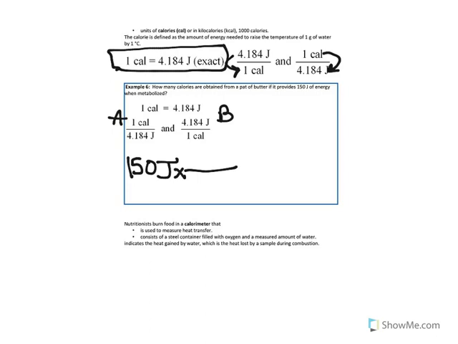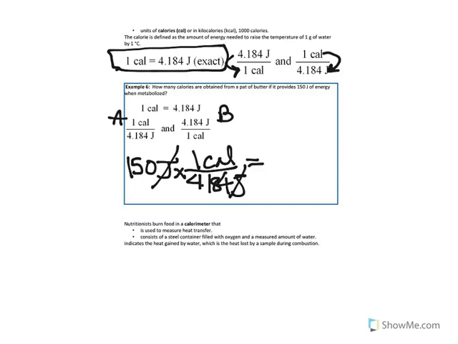Again, we want to get rid of the joules. So therefore, the joules should be in the denominator so that it will cancel. Therefore, conversion factor A is the one that will get us there. 4.184 joules per 1 calorie. Joules cancel and we are left with calories.